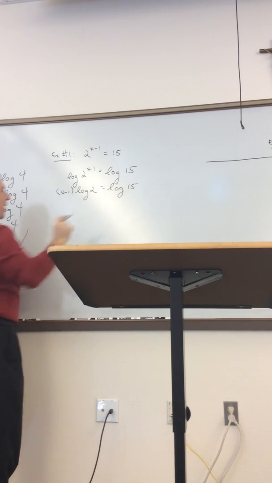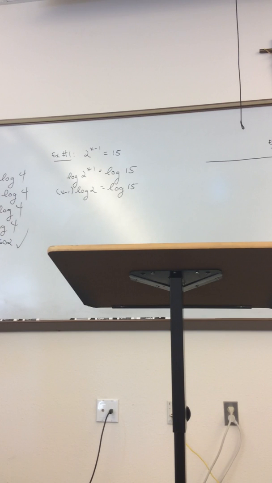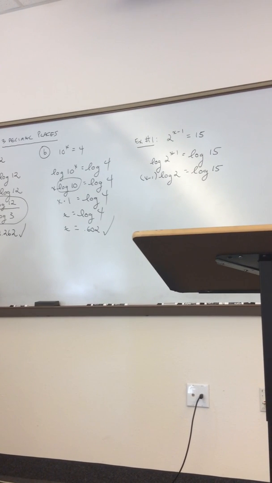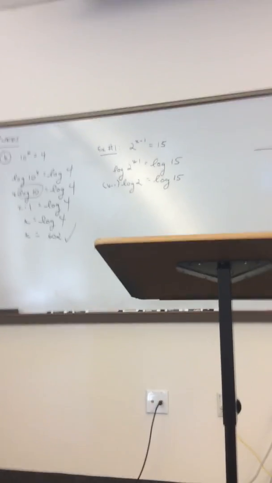Now, make sure you're writing this on your paper there. All right, I'm not going to say anything here. I need you guys to be smart. What are the directions here? Solve for x. It's an equation. Solve for x. What do you suppose I'm going to have to do next here?